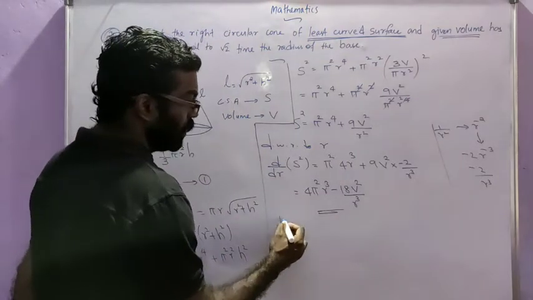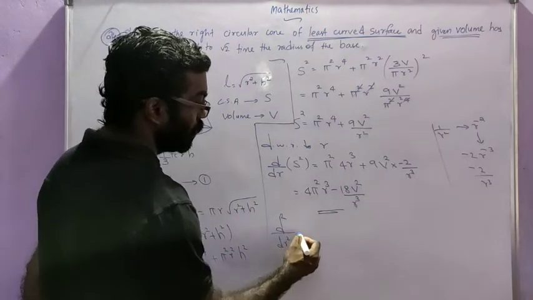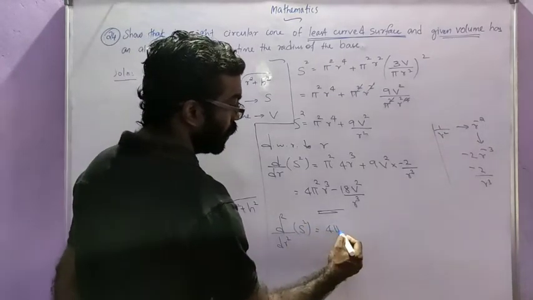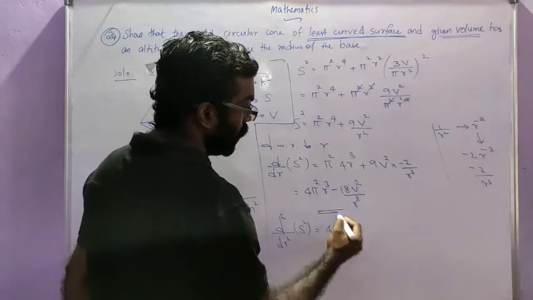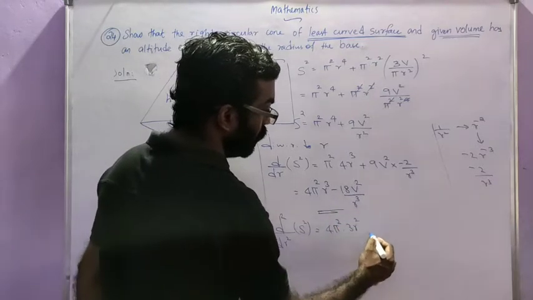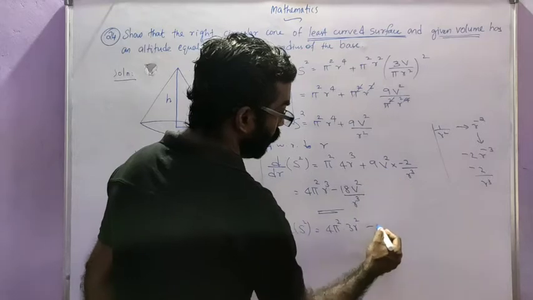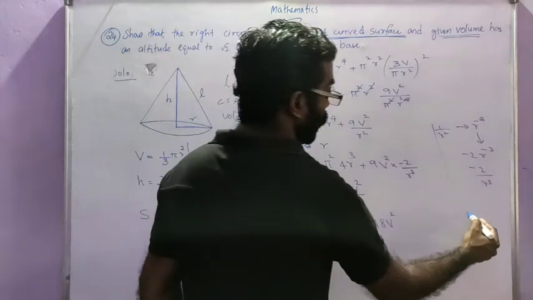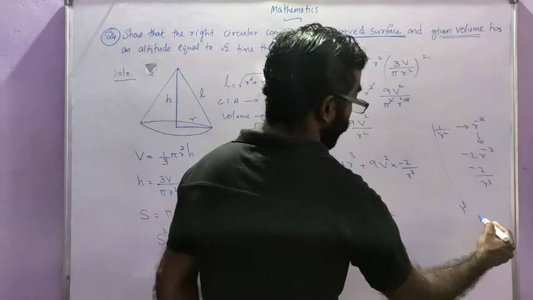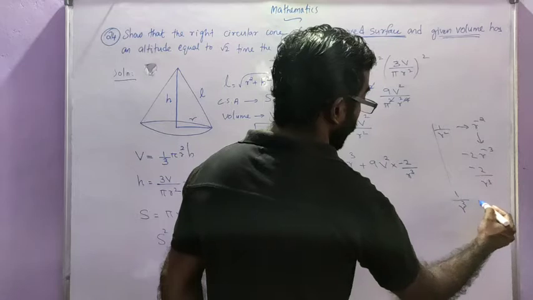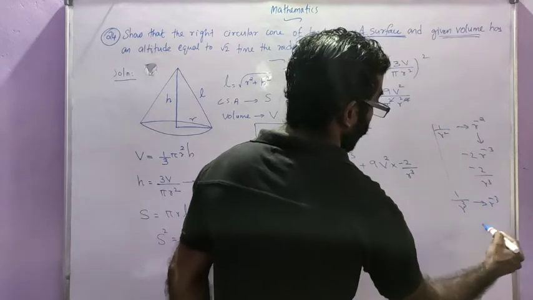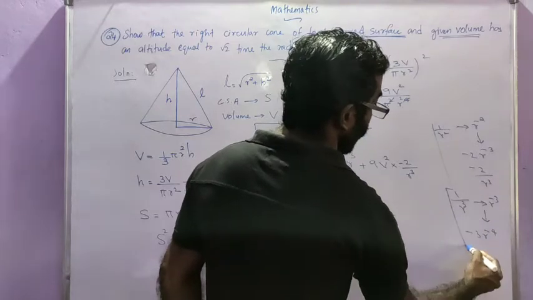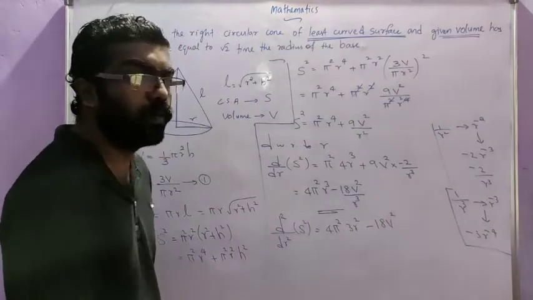Then the second order derivative, d square by dr square of S square, is equal to 4 pi square into the derivative of r cube, which is 3r square. Here 1 by r cube is r raised to minus 3 and the derivative is minus 3 r raised to minus 4, using n x raised to n minus 1.